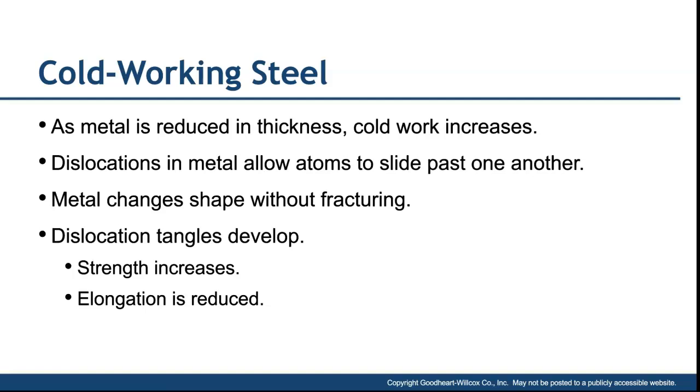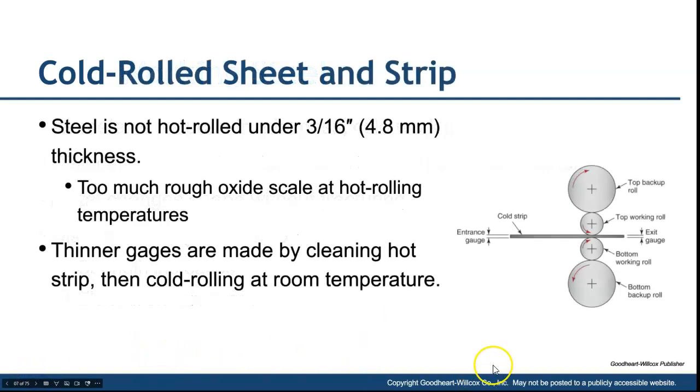So we roll, and would continue to roll, sheet. Now, notice that as far as hot rolled sheet, we don't hot roll anything under 3/16 of an inch. As we get thinner and thinner, we'd get too much rough oxide scale on there.